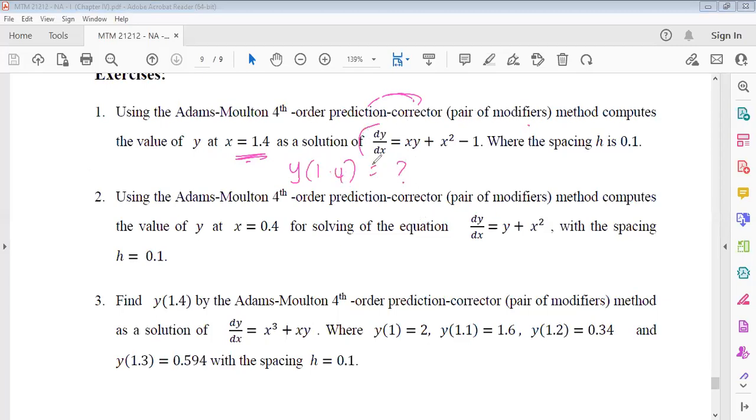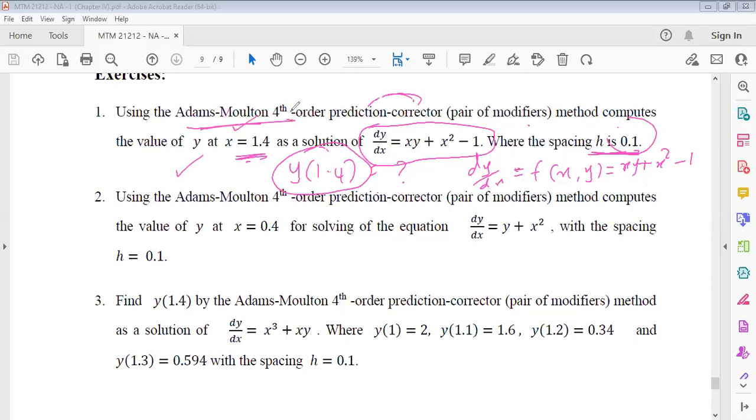They have given f of x comma y, so we know dy over dx equals f of x, y. This is our differential equation, which is given as xy plus x squared minus 1. The spacing is also given as 0.1. From this we are going to find y of 1.4 using the Adams-Moulton method.